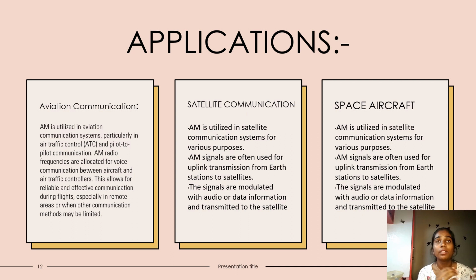And also with space aircraft, we get information about the rockets that we have launched, about their position or the destination they have reached, and also about the astronauts in the aircraft, their well-being, and the messages from them to the Earth stations. Everything takes place, or the method used here is, amplitude modulation itself.